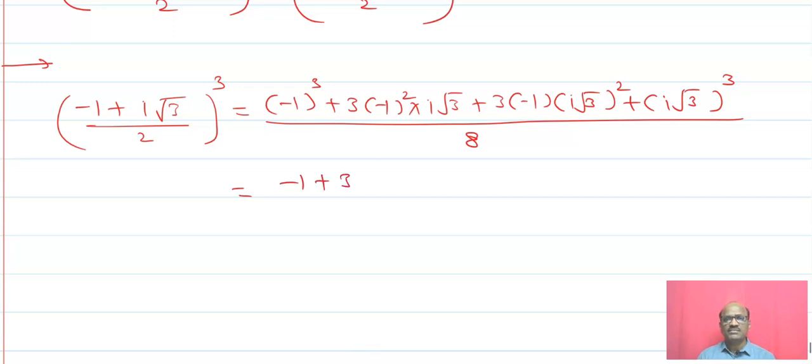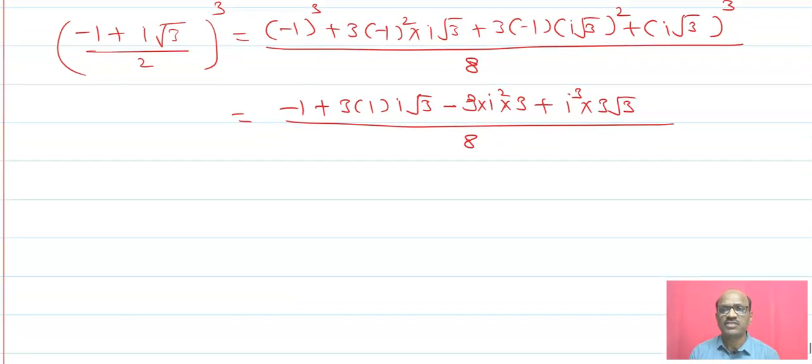Now minus 1, 3 I root 3, minus 3 I square into 3, that is I cube into root 3 cube means what? 3 root 3 upon 8, that is minus 1 plus 3 root 3 I minus 9 I square minus 3 root 3 I cube.